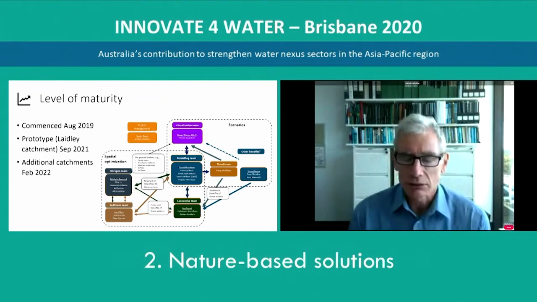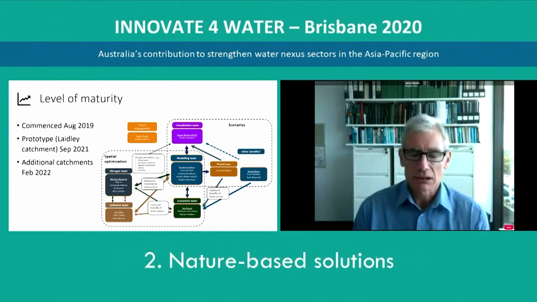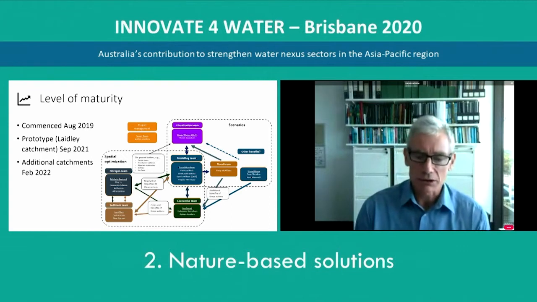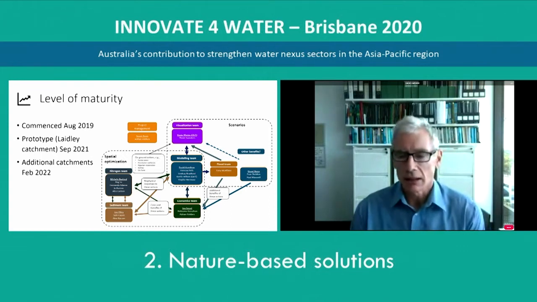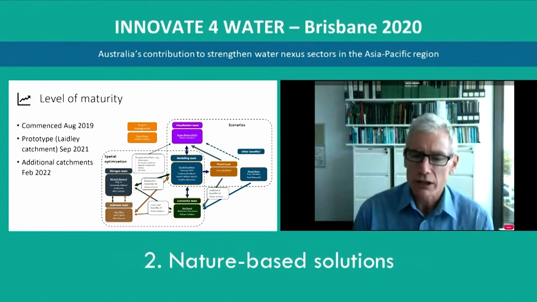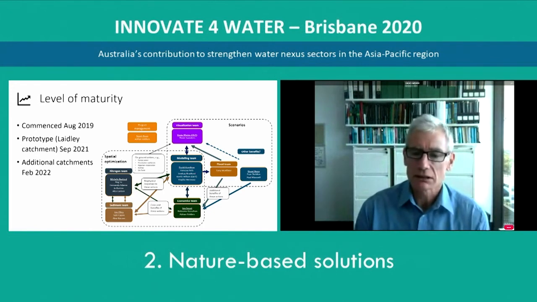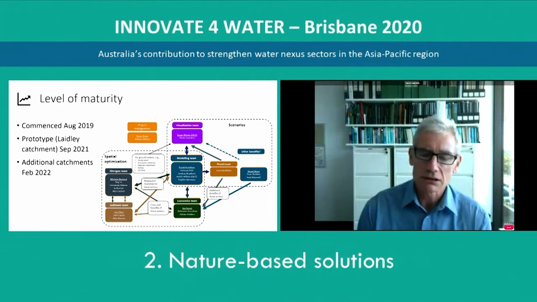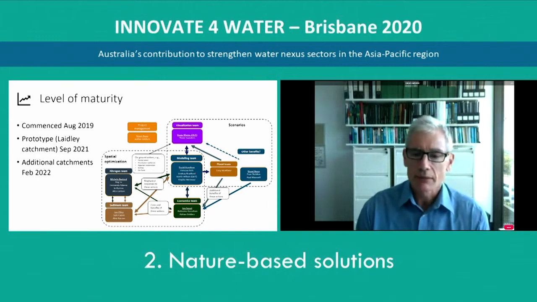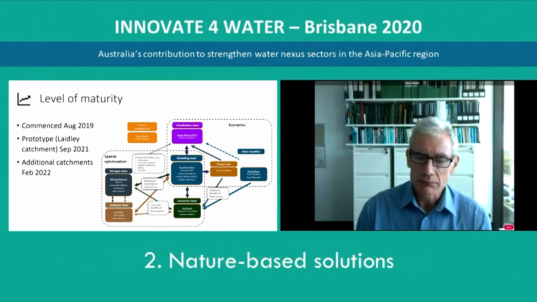Each stakeholder may have different potential options and want to explore different scenarios for them to be able to invest in catchment restoration. And so here we've got the connection between essentially the engine room of the spatial optimization tool and the scenarios that are generated from that tool that enable the engagement with different stakeholders.